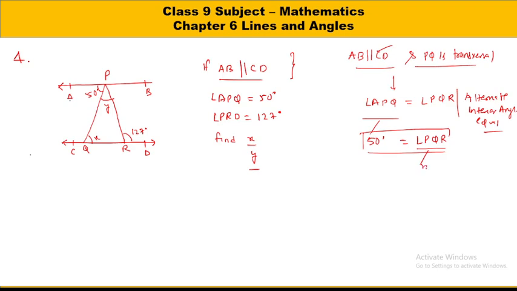Angle PQR is your angle X. Now, on the basis of the point that AB is parallel to CD, and this time PR is transversal, which intersects these two parallel lines.